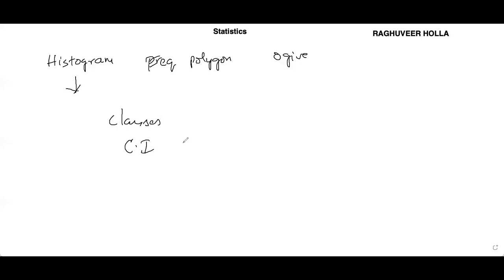In each of these classes, the least number is the lower limit and the greatest number is called the upper limit. Now the class size is the upper limit minus the lower limit, also called the class width.